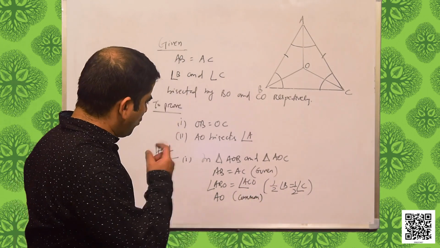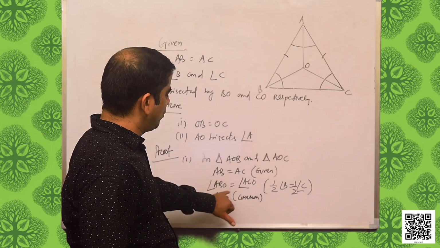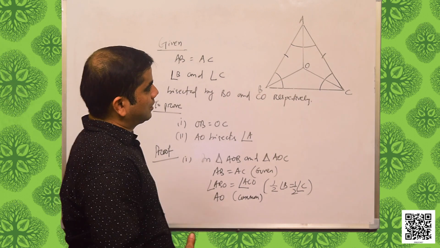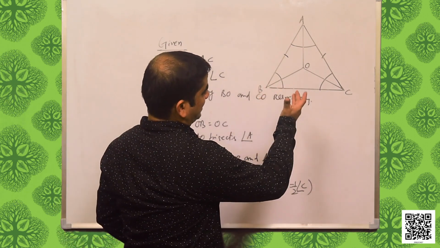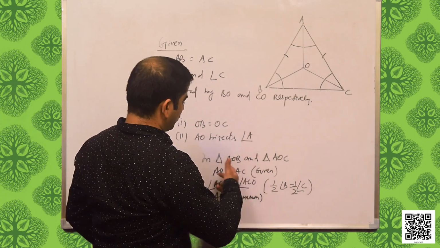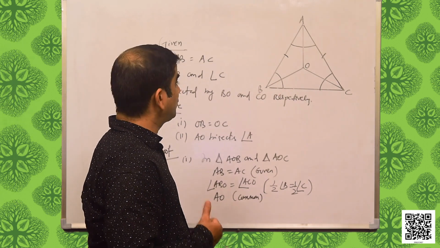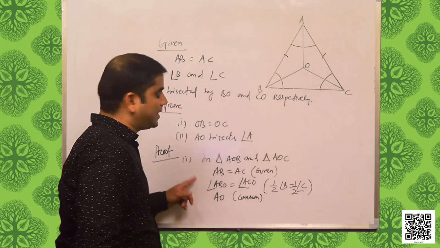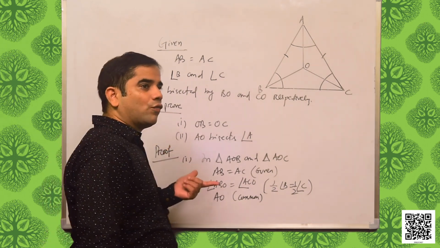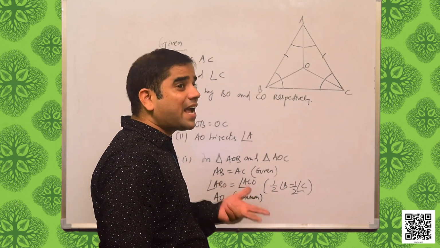So students, now we have AB equal to AC, angle ABO equal to angle ACO, and AO as the common side. Someone might think that these two triangles are congruent as we have two sides equal and one of the angles equal. But only if this angle is the included angle of these two sides can we go for SAS congruency. We do not have anything called SSA congruency.